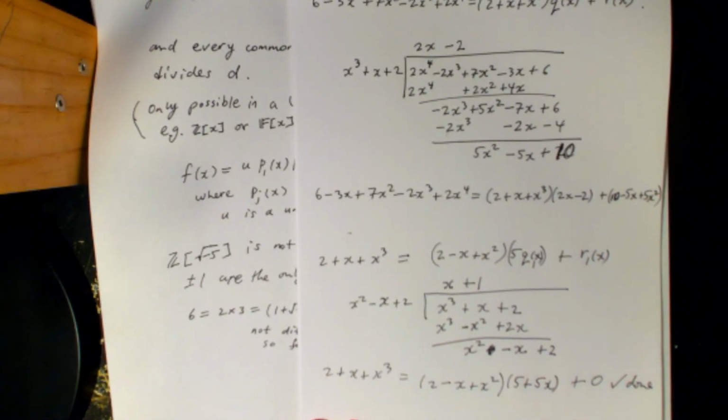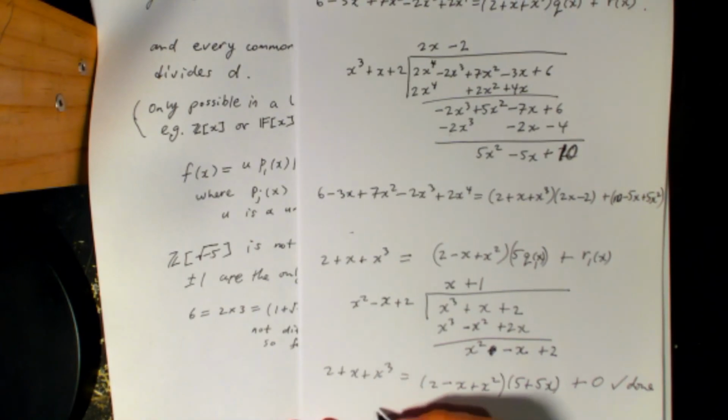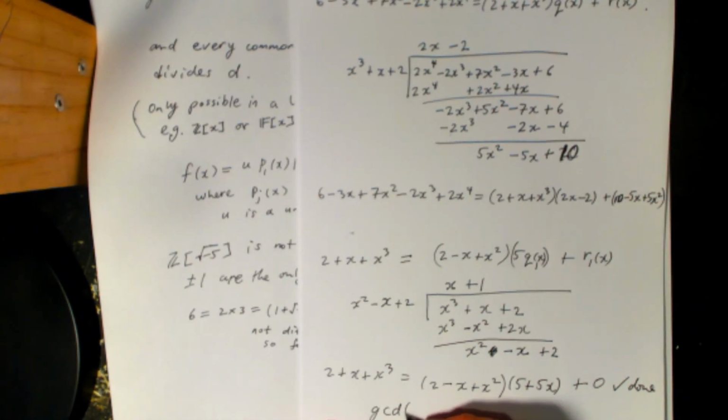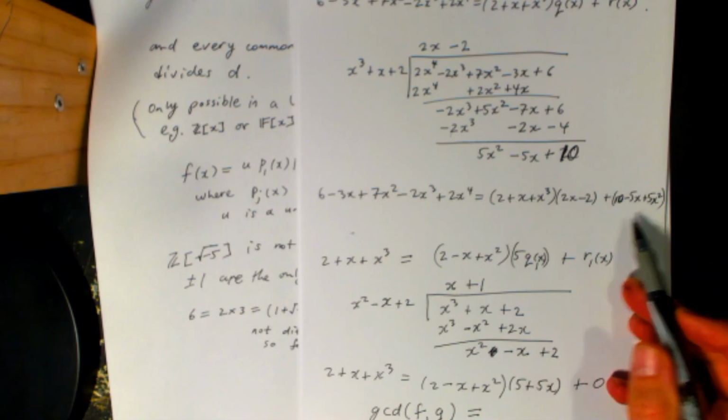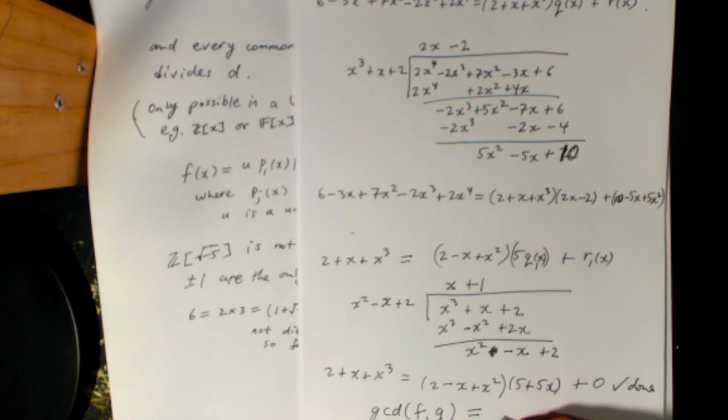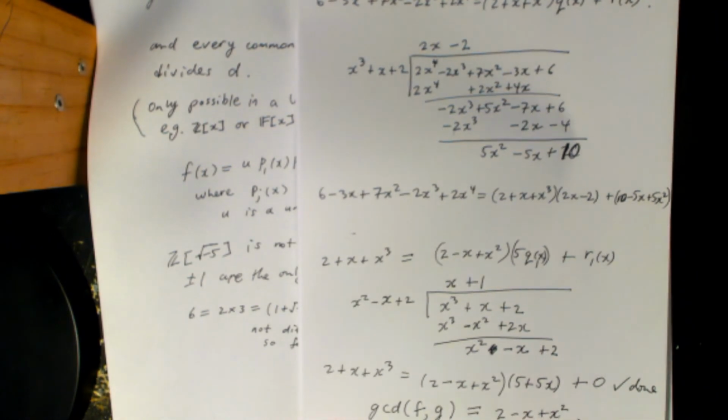And the greatest common divisor of f and g is equal to, well, the thing I have above it, but I need to factor out the 5. So I have 2 minus x plus x squared as my greatest common divisor there.